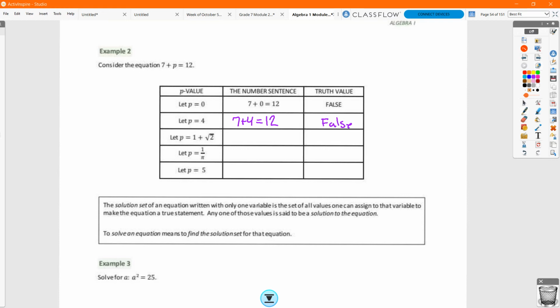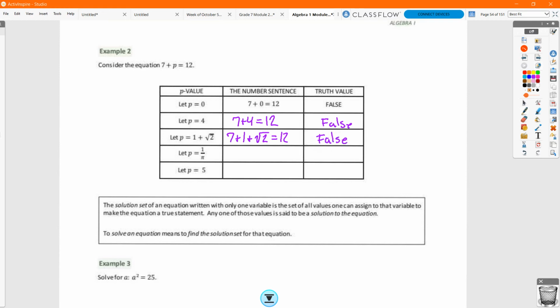What if we let p equal 1 plus the square root of 2? 7 plus 1 plus the square root of 2 equals 12. Well, 7 plus 1 is 8. The square root of 2 is like 1 point something. 8 plus 1 point something is like 9 point something, and that's not going to be 12. So that's a false statement.